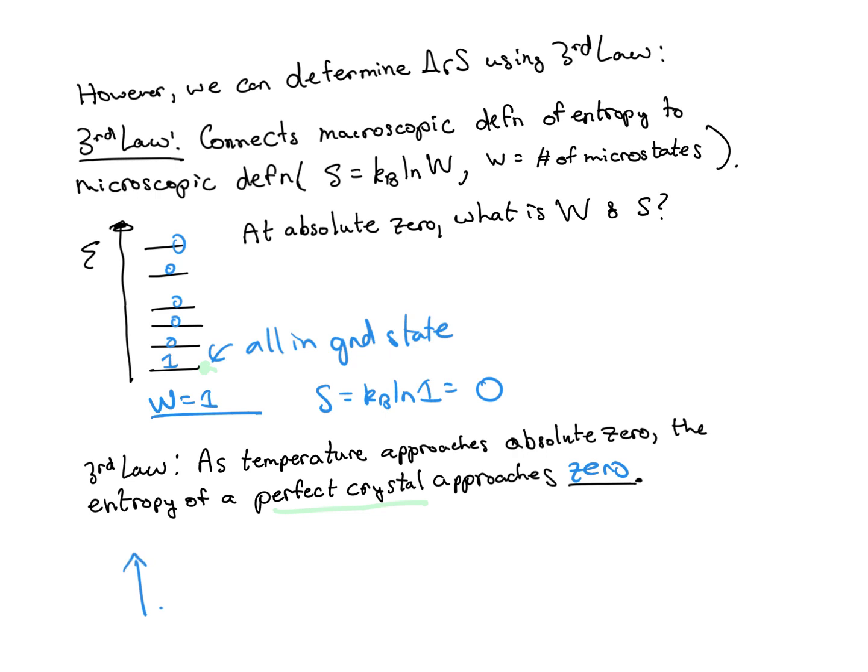If I have an energy diagram that looks like this, where there are 2 possible ground states, then at absolute zero each of these gets an equal share of particles. Each particle here actually has 2 choices, so each particle has 2 microstates.